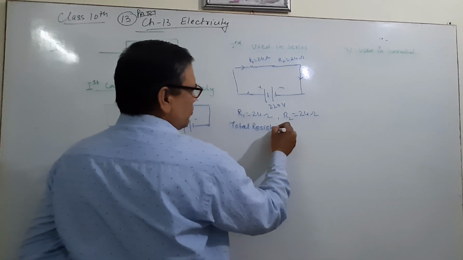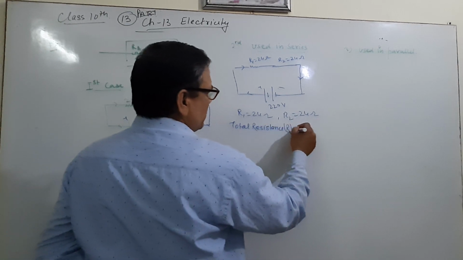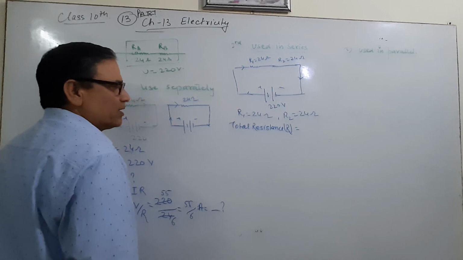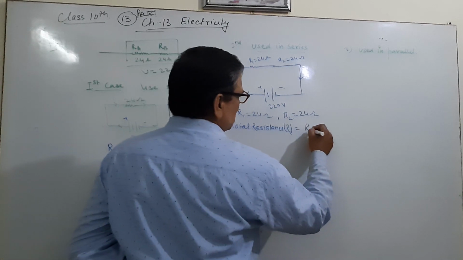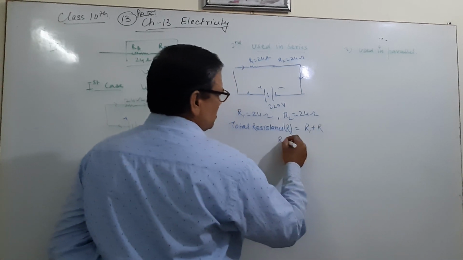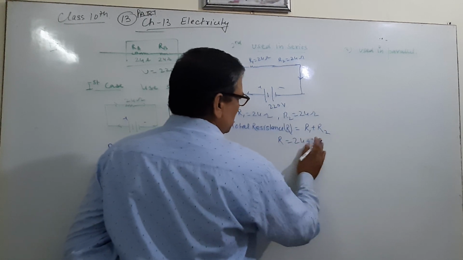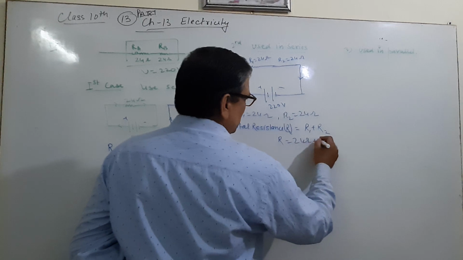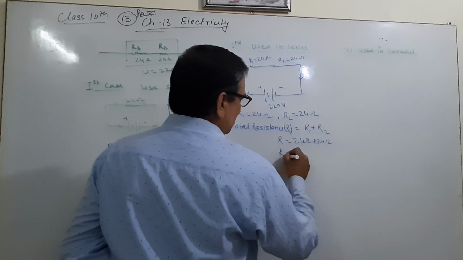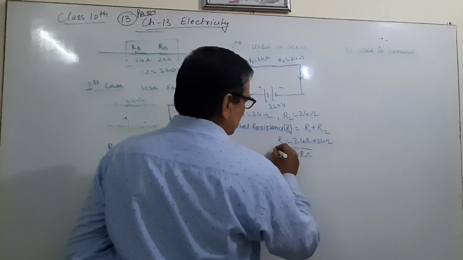What is the formula to calculate the total resistance when they combine in series? R1 plus R2. That means R is equal to 24 ohm plus 24 ohm, R is equal to 48 ohm.